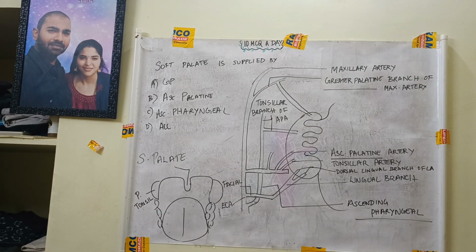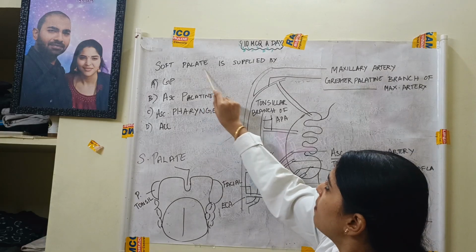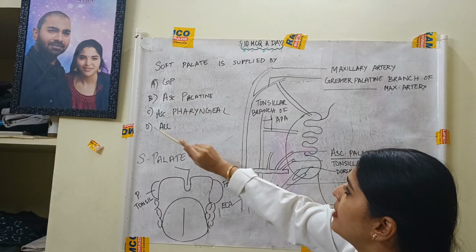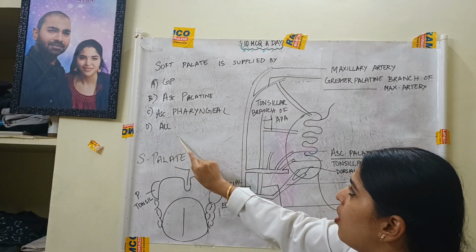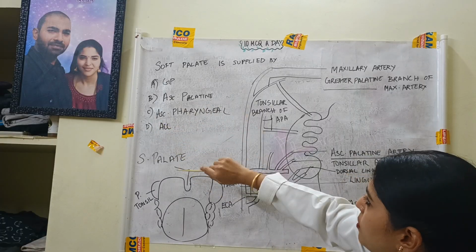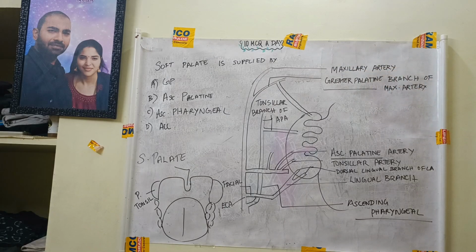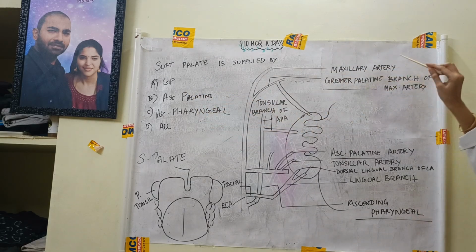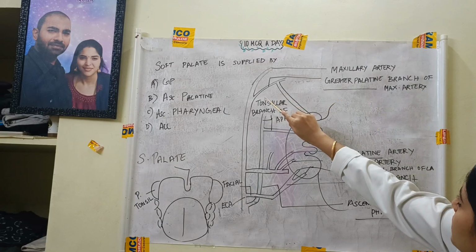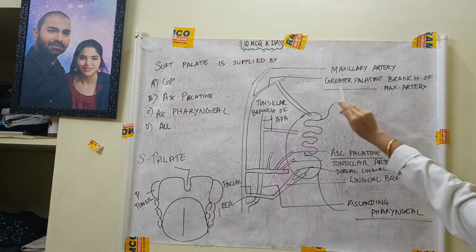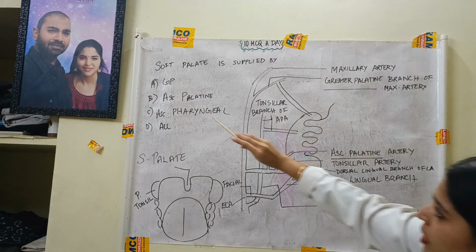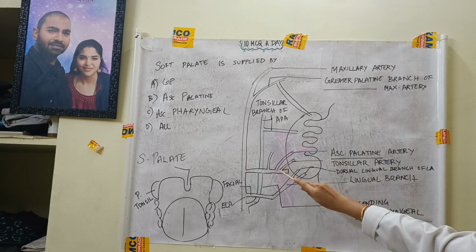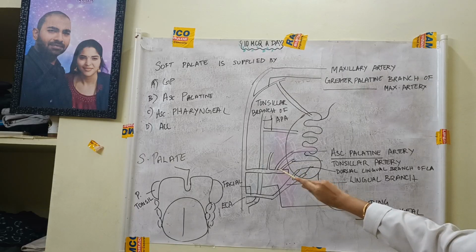The next MCQ is the soft palate is supplied by A, greater palatine, B, ascending palatine, C, ascending pharyngeal and D, all. So according to the options, here is the diagrammatic representation. Greater palatine artery, so here is the greater palatine artery of maxillary artery. Ascending palatine artery, so this is the ascending palatine artery.